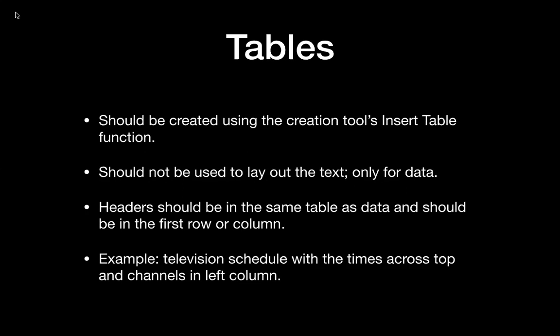If you have something like an inventory sheet where you have the item number, the item name, and the cost, then you might not need a header in the first column. It might be helpful, but it really depends on the table. But the first row and the first column, use those items.